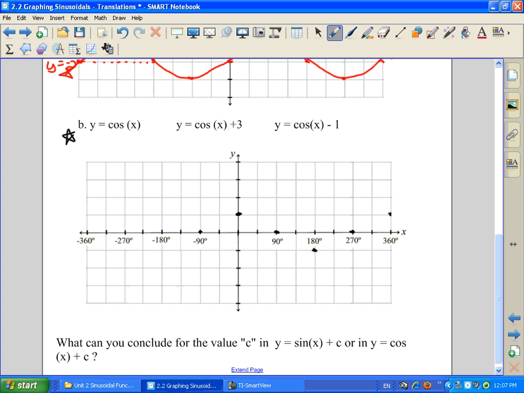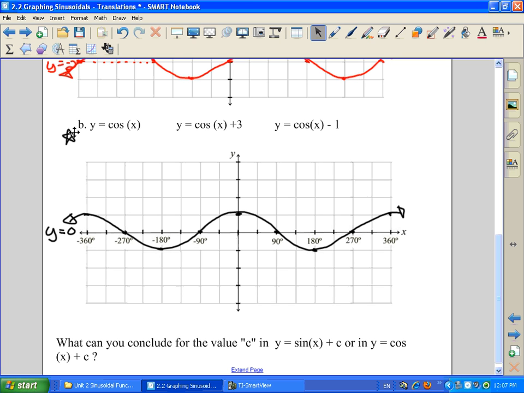Okay, and you follow that pattern as we go. So again, we do a nice smooth curve. Okay, and again we have our arrows. And again, our equation of axis is y equals 0. I did say that right.